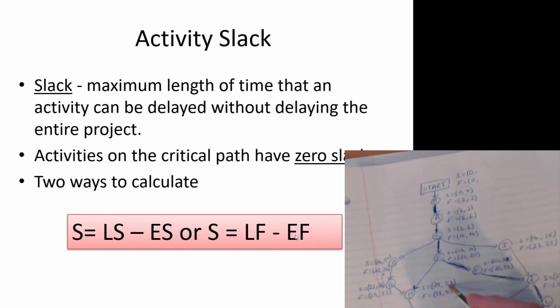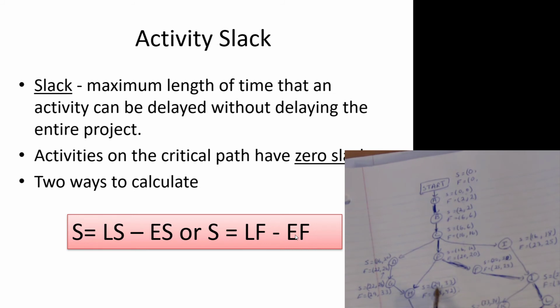You can look at the difference between the 29 and the 33, or the 38 and the 42 if you're looking at finish time. It doesn't matter, they're both 4, right? Same answer. Whatever works for you, whatever rocks your boat, makes you a happy camper. Okay? Do either one, doesn't matter, right? So pretty simple, and usually you can look at the diagram and they really pop out at you. So activity slack, makes sense, right?